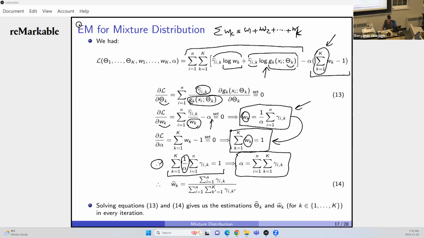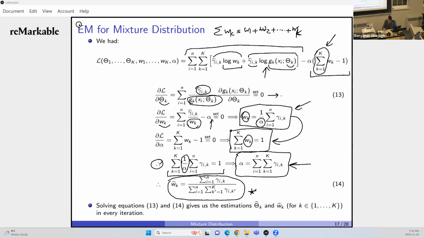Consider this equation again. We just found alpha here. So replace this alpha here with what we found. You will get this. Right? This formula is one of the most important formulas in mixture distribution. We just proved that, right?